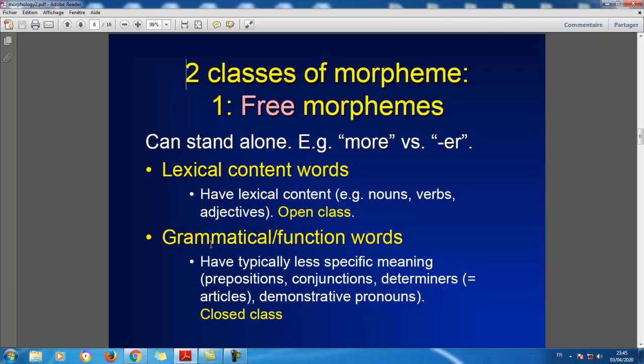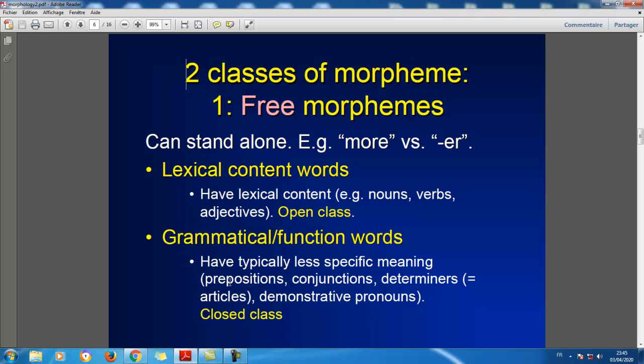Now, as far as the other category of words is concerned, we can talk about examples of prepositions, conjunctions, determiners, articles, demonstrative pronouns. Here it's possible to restrict the number of the members belonging to each class.